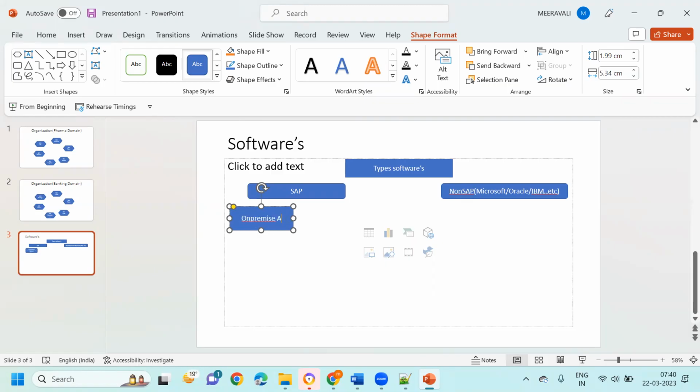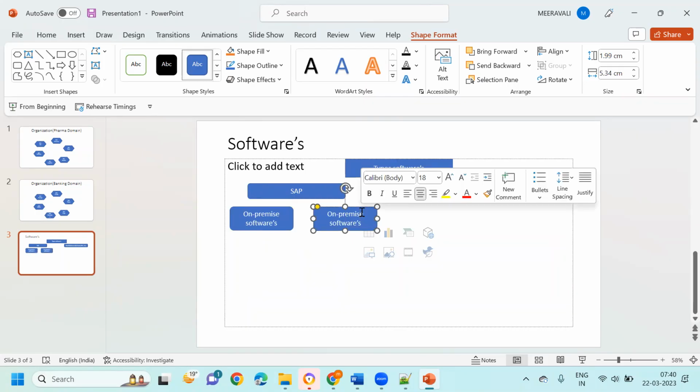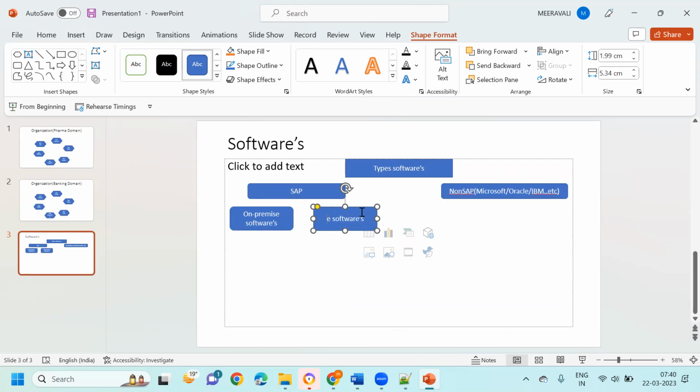If you go to SAP, we have on-premise software, and we can also see cloud software.